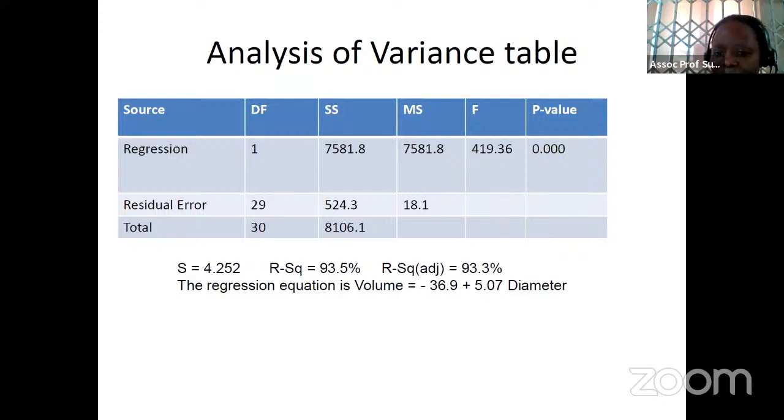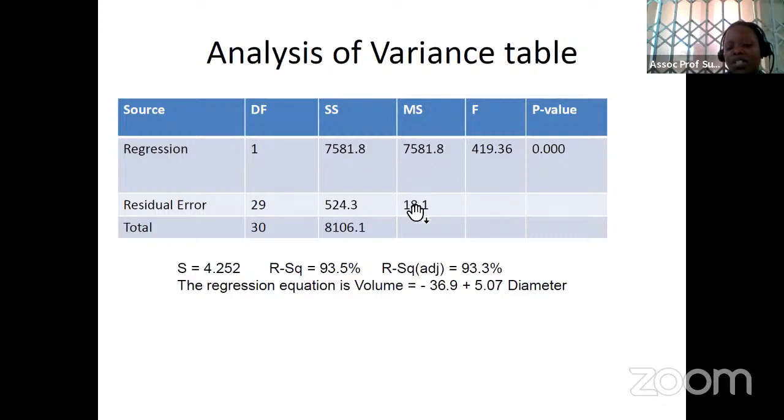Mean square, MS, from the table you see, is the ratio of sums of squares, SS, and degrees of freedom. So for regression, the mean square is equal to the sums of squares, which is 7,581.8, divided by 1, which gives us the mean square.